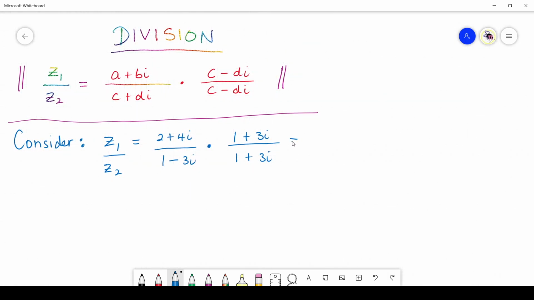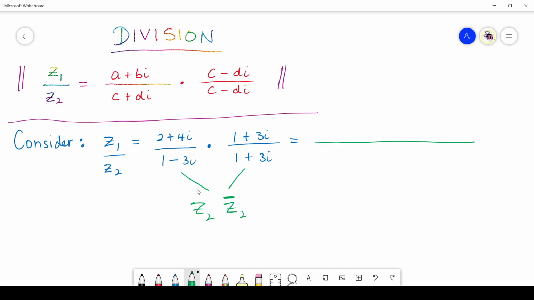Let's draw some huge division signs here. Now, 1 minus 3i is Z2, but what do you notice? 1 plus 3i is the complex conjugate of 1 minus 3i.